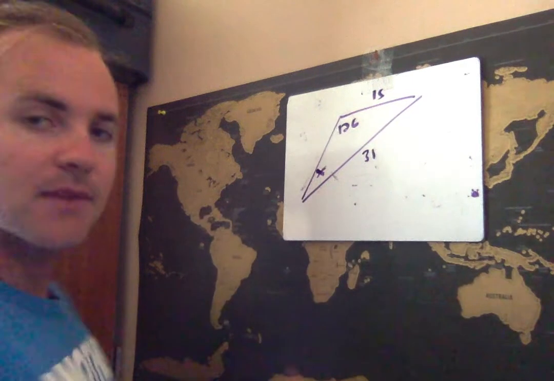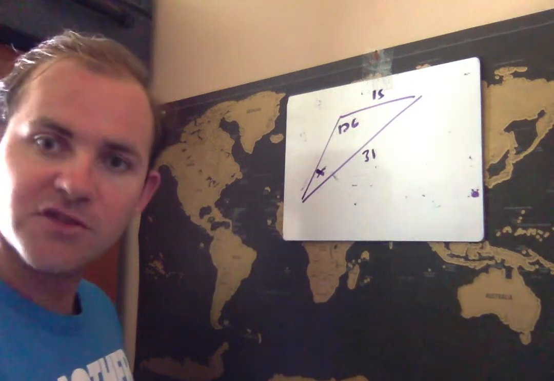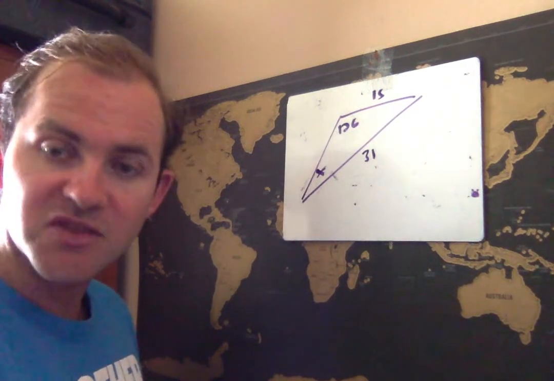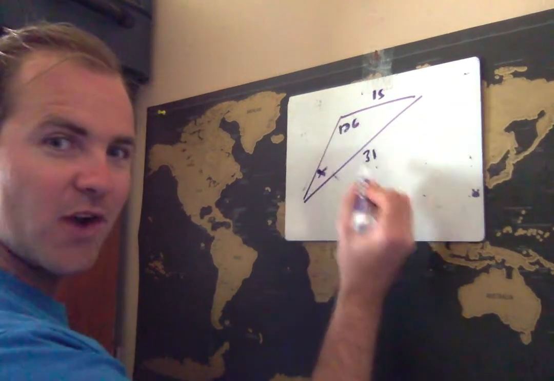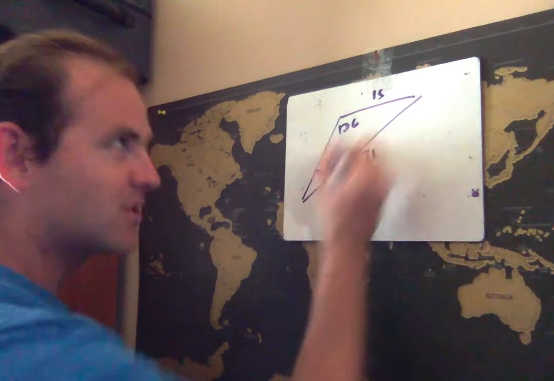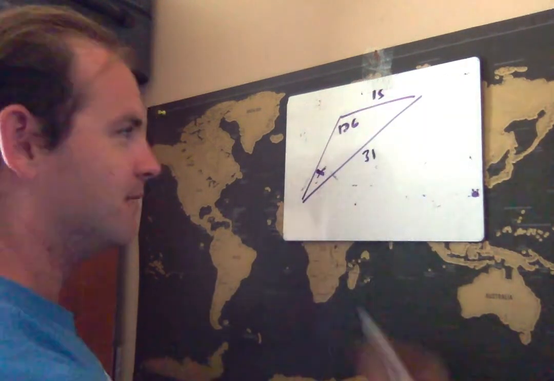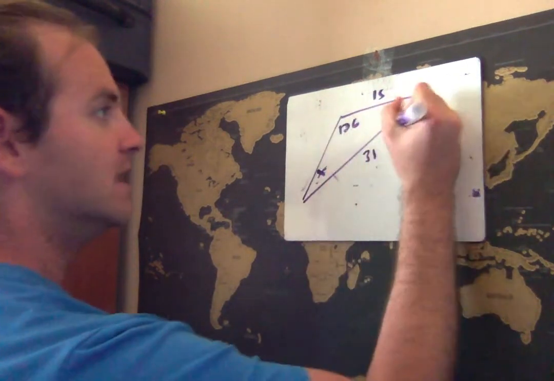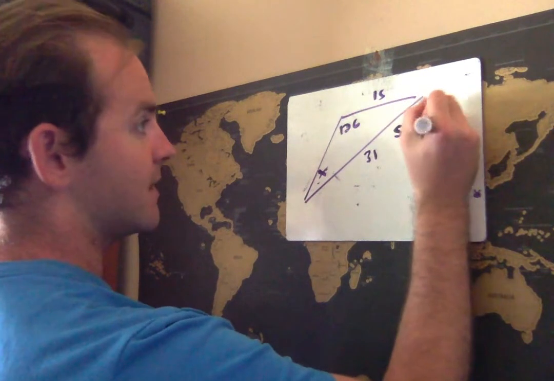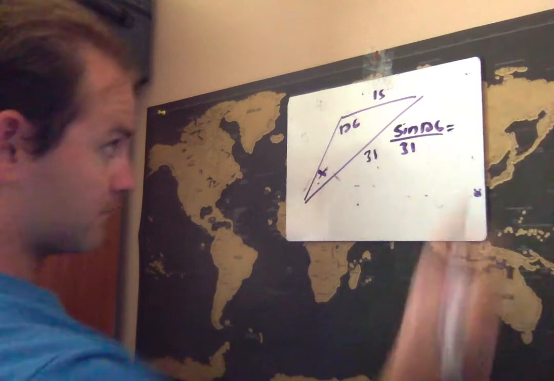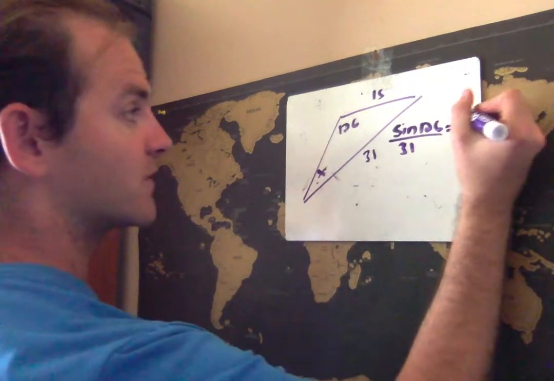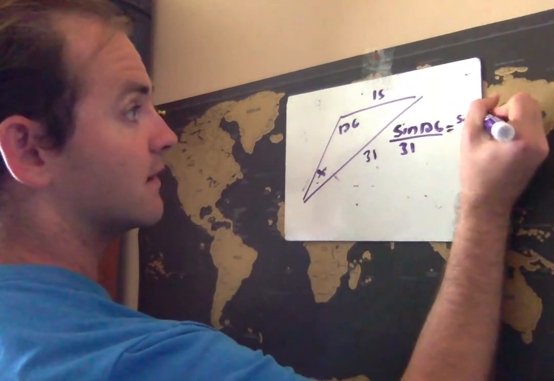All right. So once again, law of sines is very nice when we have angle side pairs. When I say an angle side pair, I mean an angle that's across from a side, okay? So in this case, I'm going to write sine 126 over 31 equals sine x over 15.